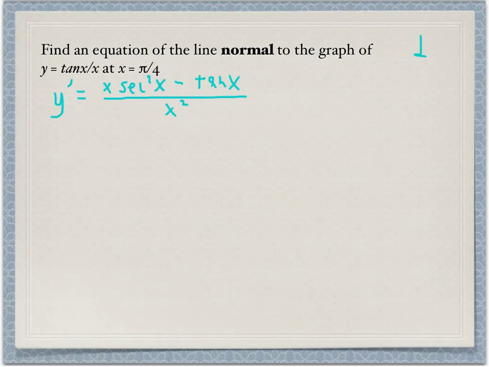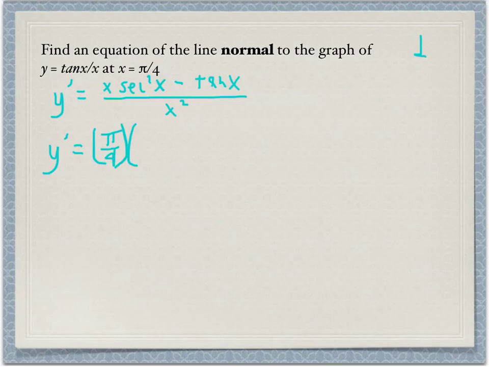Now the question is, I need to find a specific value, so I'm going to put pi over 4 in place of x. So here's where it gets just a little bit hairy. So I put pi over 4 there in place of that x. Now your circle chart will help. What is the secant of pi over 4?